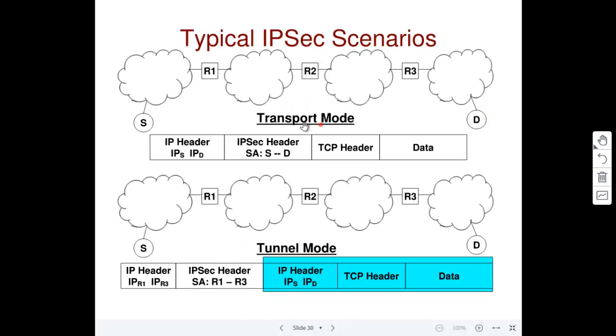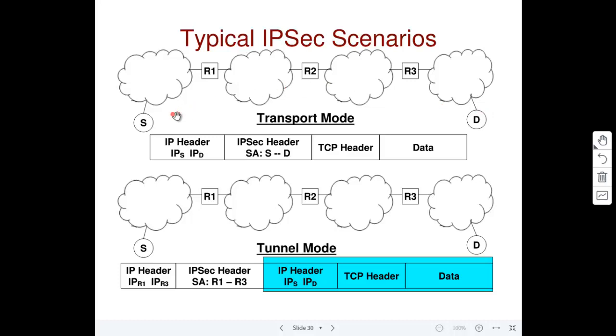So the header looks like this. You'll have the IP header, which has the source IP address and destination IP address and all the other information that you saw in the IP header. Then the IPSec header will have information pertaining to a security association established between the ultimate source and destination.